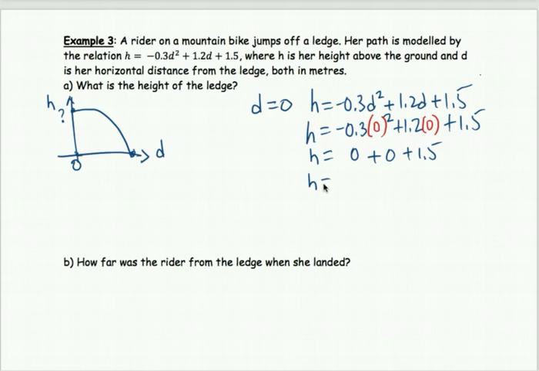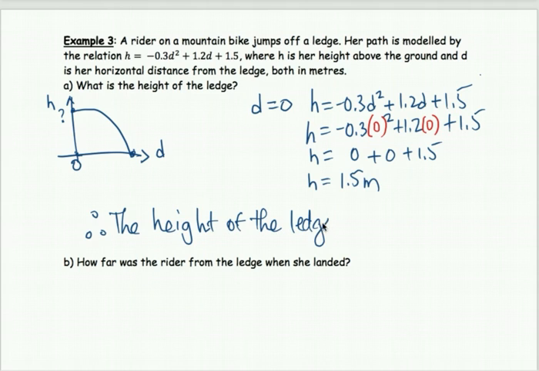So the height of the ledge is 1.5 meters, from here to here. And then yes, don't forget your therefore statement.